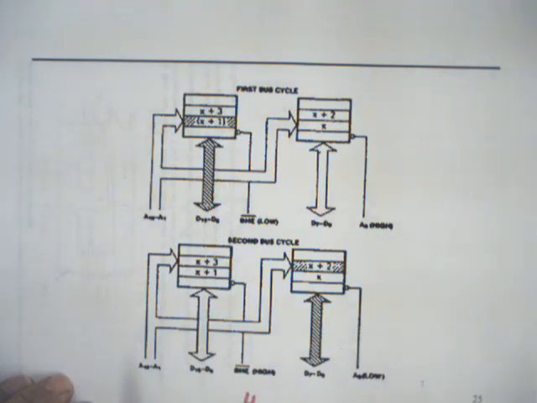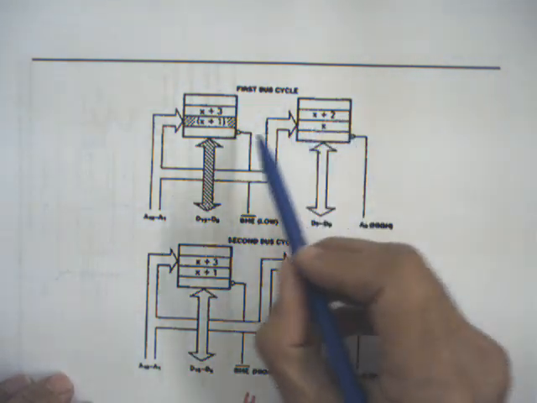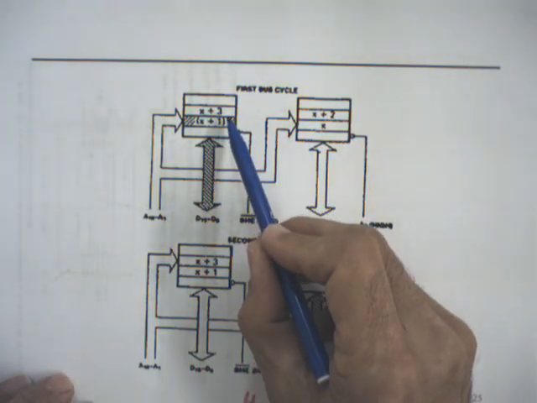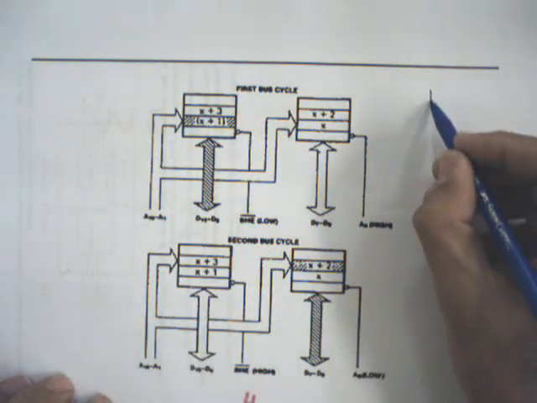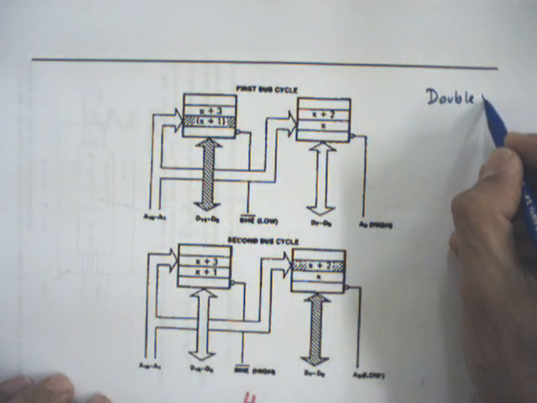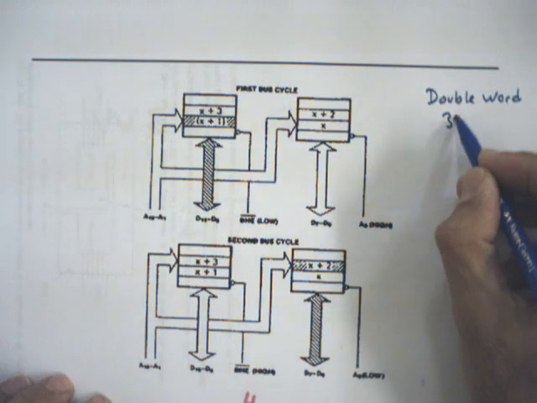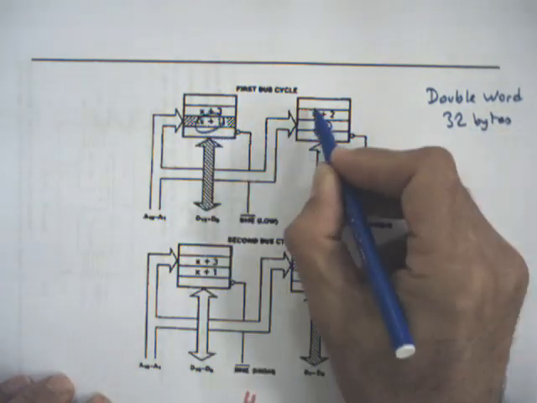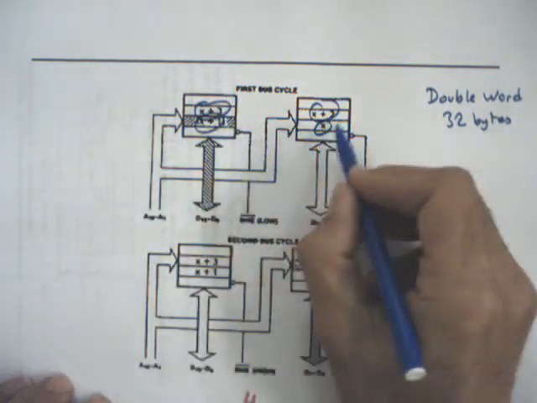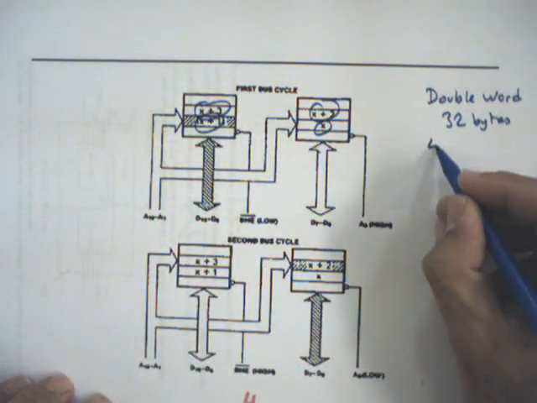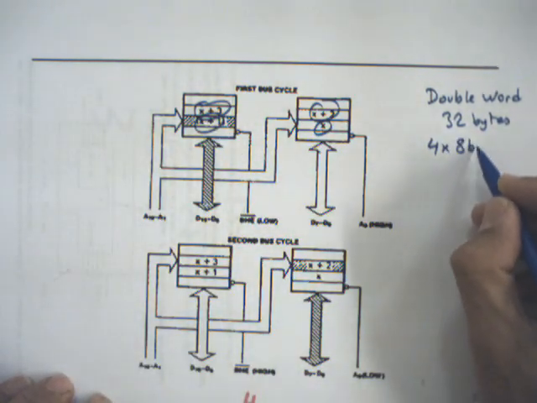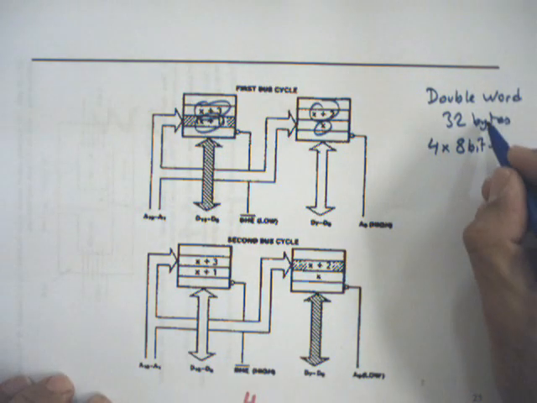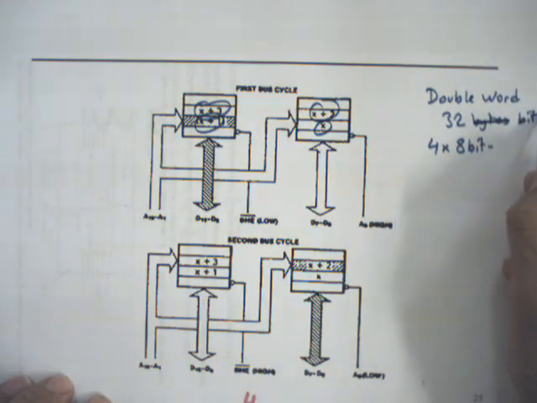So there's another kind of convention. This can be considered as double word, which is 32 bits. So x plus 1, x plus 3. So 4 addresses, each consisting of 8 bits, equals 32 bits.